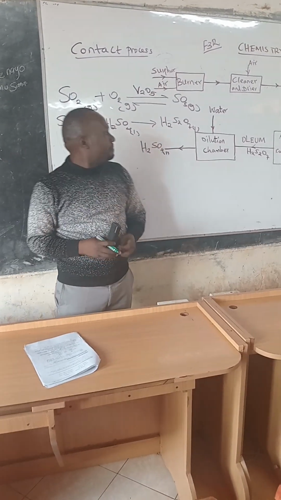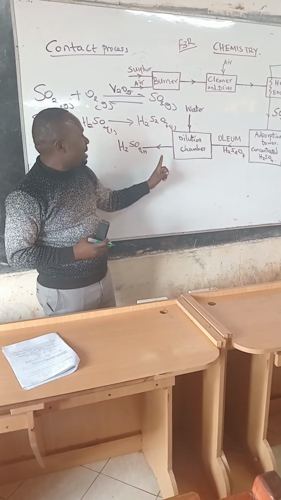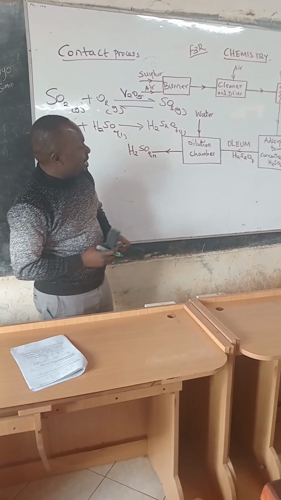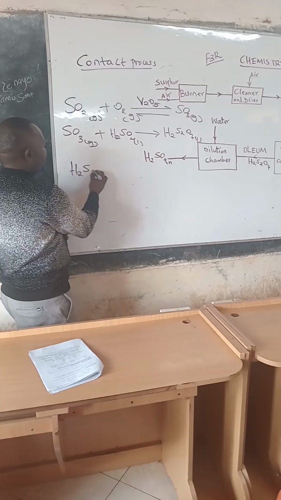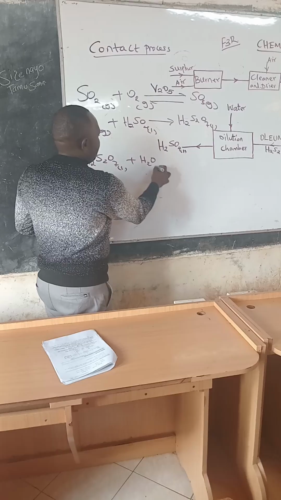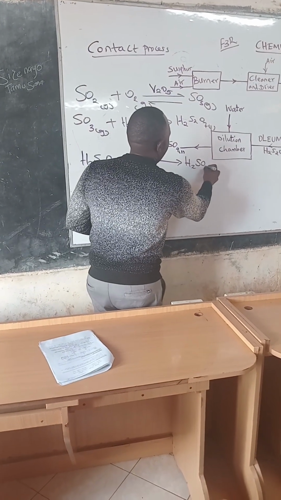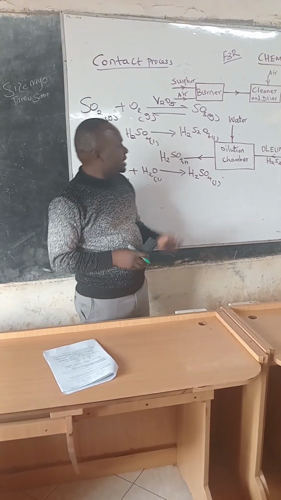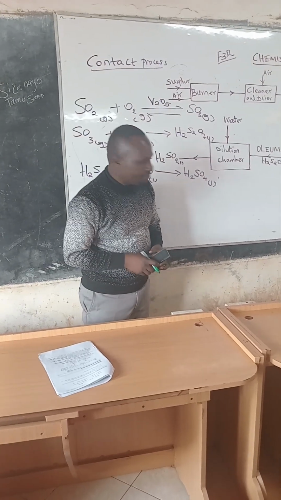After obtaining oleum, we move it to the dilution chamber, whereby we are going to react it with water for us to obtain our sulfuric 6 acid. So at that point, after you have diluted the oleum, we have obtained our sulfuric 6 acid.